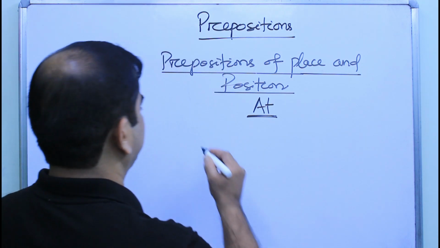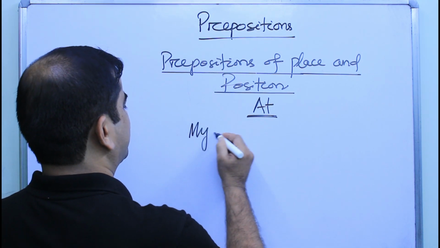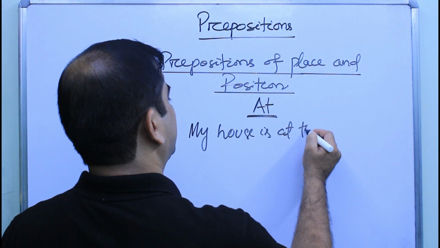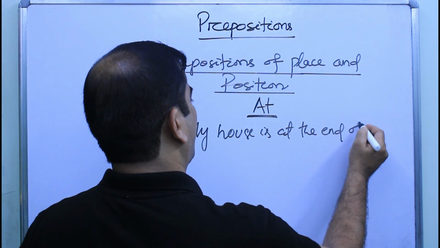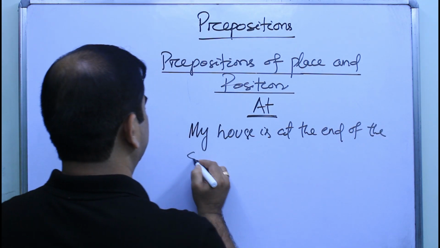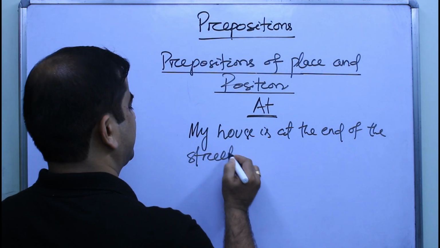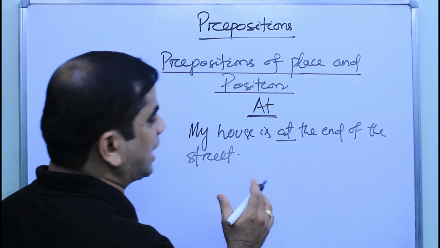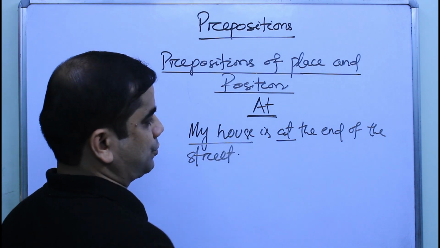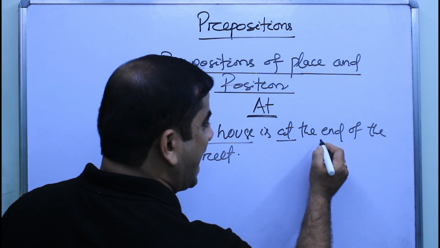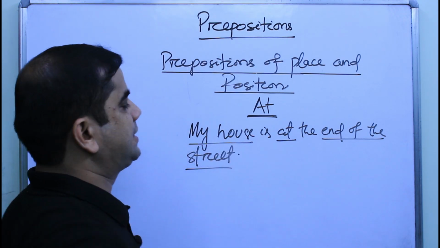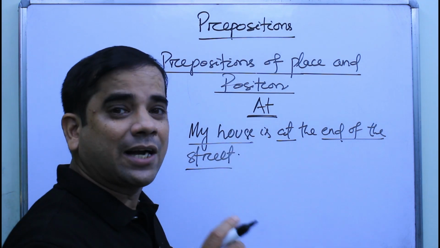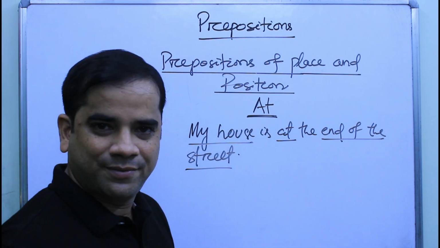For example, my house is at the end of the street. So here preposition at is used to show the exact location of my house, which is nothing but at the end of the street. Okay. So at shows the exact location of my house.